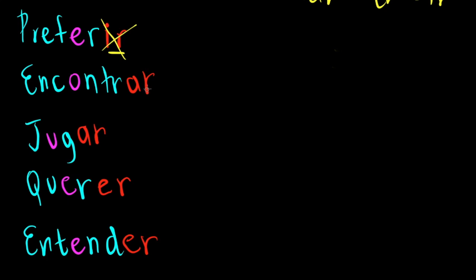Okay, so there we have the endings. So each time, again, we conjugate, we get rid of the ending, right? And then in pink, we have the letter that's supposed to change in the middle, right? The first rule is, you're going to change the vowel before the ending.